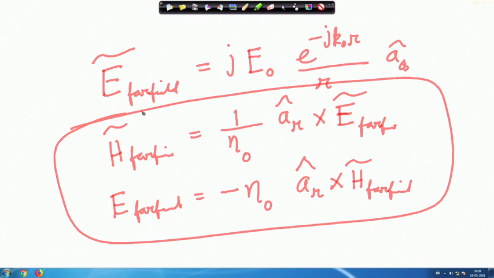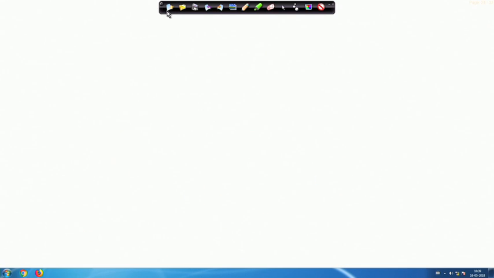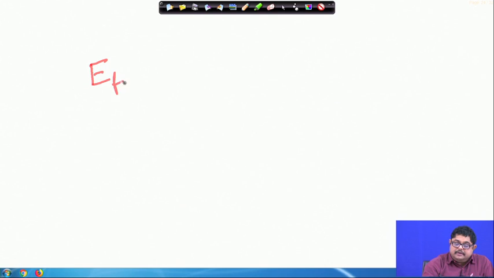Now, this is true of all the antennas. Though we have derived it only for this, people have derived it generally, that far fields of all the antennas have this type of structure. So, this is an important revelation, and from this we can also find the time domain expression of the far field.